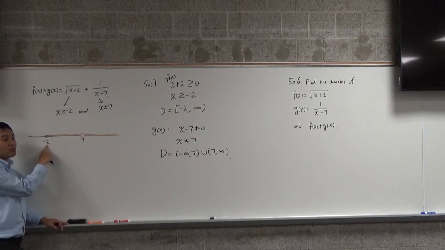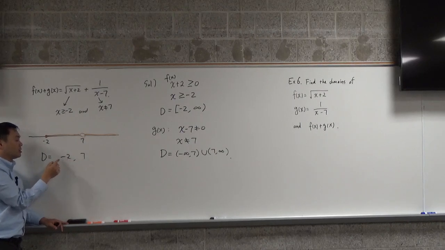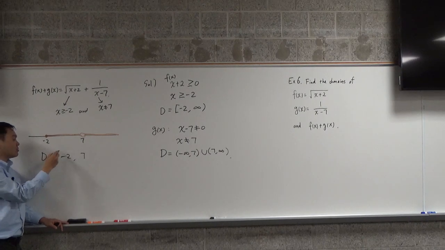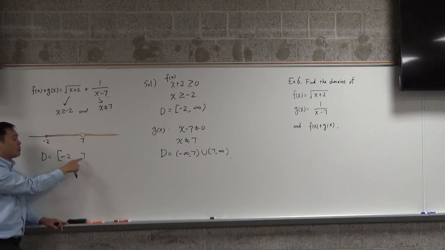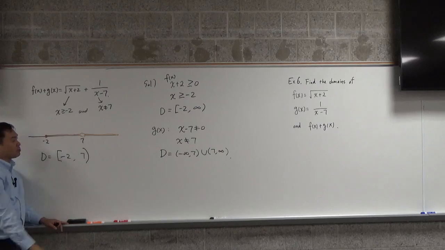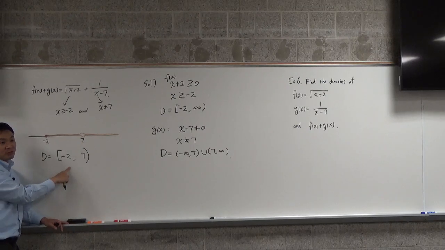It starts at negative 2, it ends at 7. Now for the negative 2, should I use closed bracket or open? Closed, because it includes negative 2, so I put closed. How about here? Open. 7 should be open. It's a round bracket because 7 should be skipped. 7 is a no-no. You can't plug in. Okay? So that's one piece.